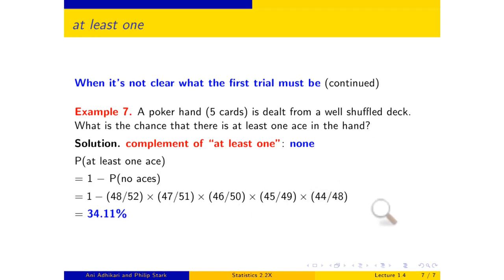And this is a classic method of finding the chance of at least 1 success in a set of trials. This occurs throughout probability over and over again in many different settings. And it is almost invariably done by looking at the complement, because the complement of at least 1 is 0, none. And that's usually a chance that you can write down.